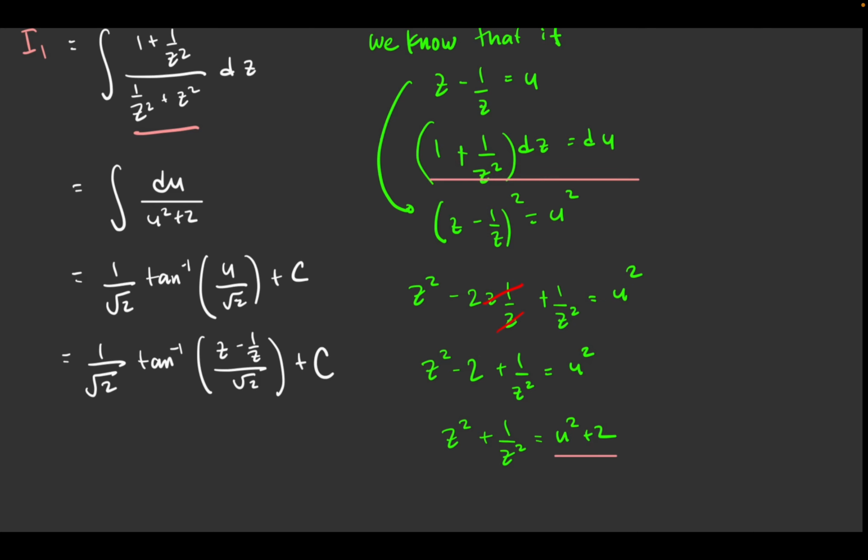Or simply, 1 over the square root of 2 arctangent of z squared minus 1 over z square root of 2. Okay, z squared minus 1 all over z. Okay. Plus c.